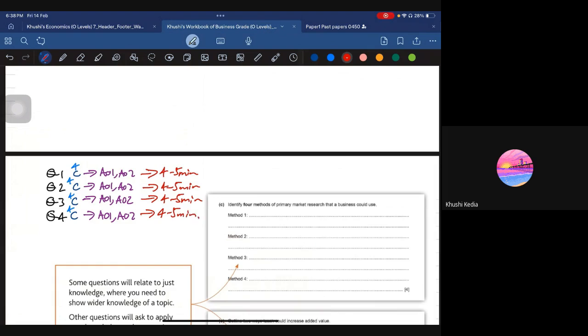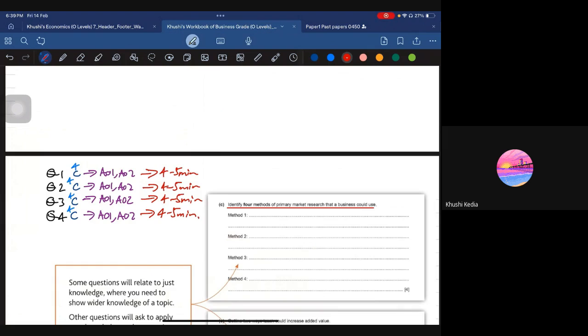Now, Khushi, let's suppose the question is: identify four methods of primary market research that a business could use. If this type of question comes in your exam, you are one lucky person. Because it's just a knowledge point which you can quickly write down. Exactly.